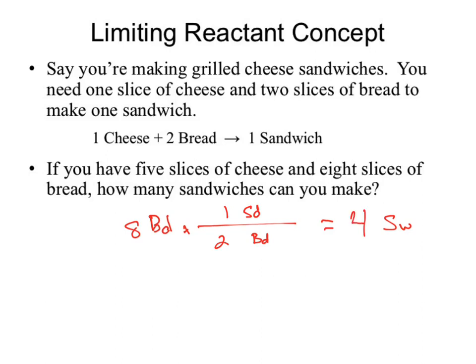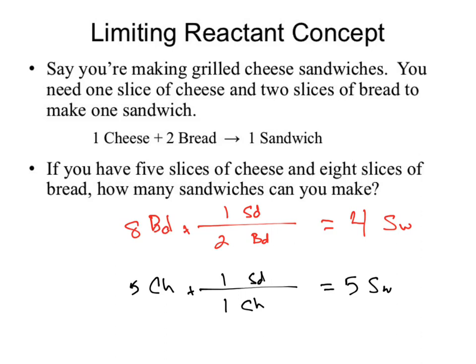And you got 4. But you didn't stop there. Because you actually added the next statement. You also said 5 slices of cheese makes how many sandwiches? So you did all of those calculations internally.